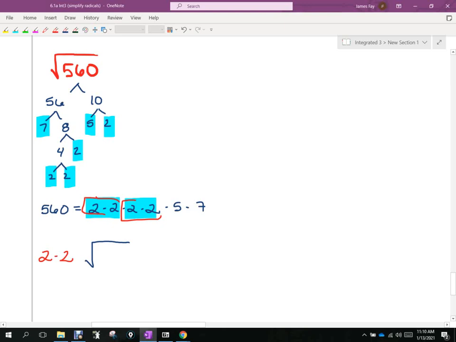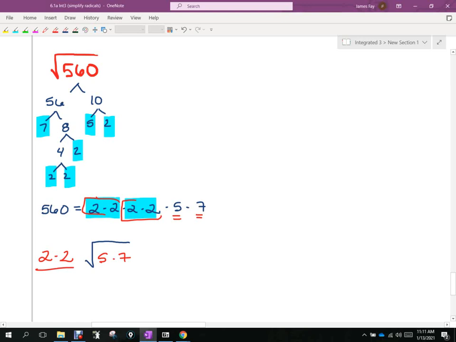And the things that are on the inside are the factors up here that did not have a like pairing. So 5 didn't have another 5 to pair up with, and 7 didn't have another 7. So what actually happens is that they themselves become a group. Okay? So 5 times 7 is what stays underneath.